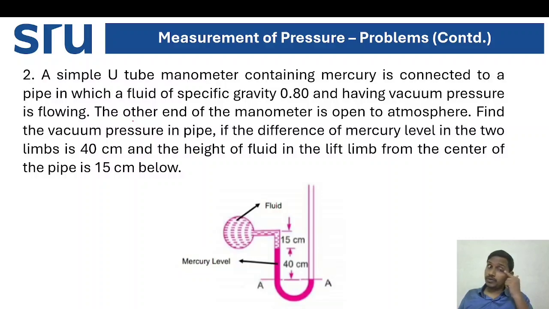A simple U-tube manometer containing mercury is connected to a pipe in which the fluid specific gravity is 0.8 and which has vacuum pressure. The other end of the manometer is open to the atmosphere. Find the vacuum pressure in the pipe.